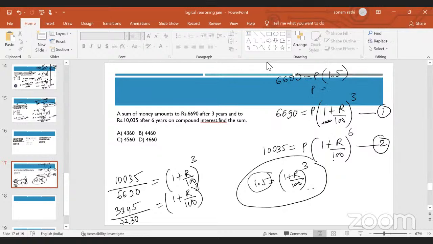So P is equal to 6690 upon 1.5. So you will get the value of principal. 6690 divided by 1.5 is 4460. Yes or no? 4460. Correct? Yes. Correct. Okay.